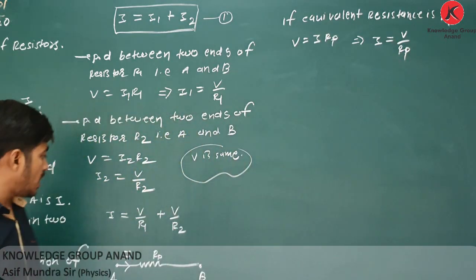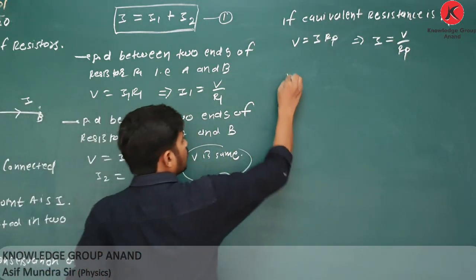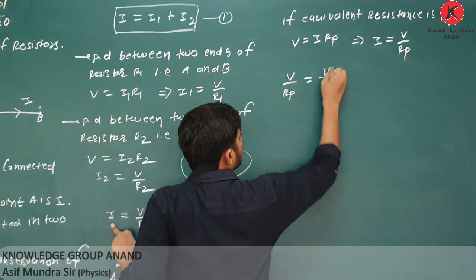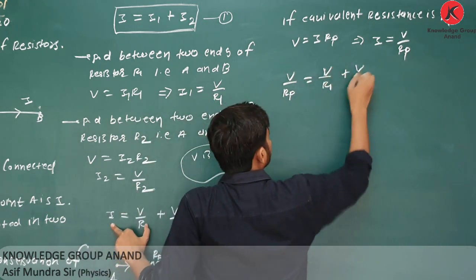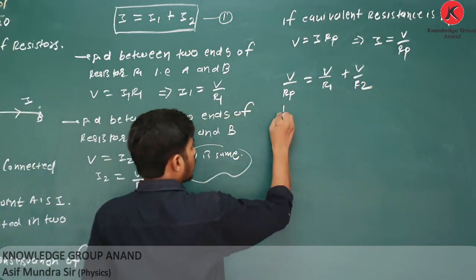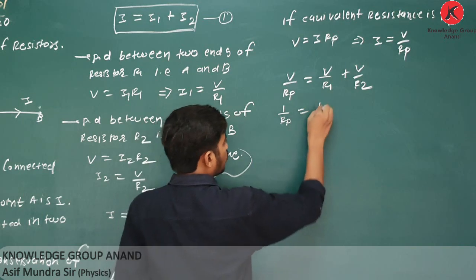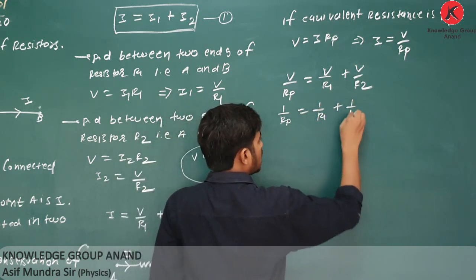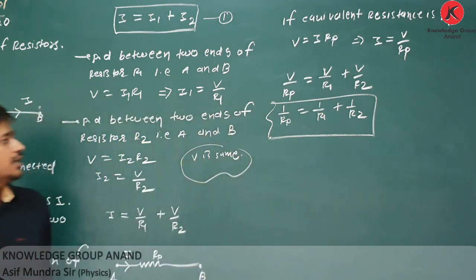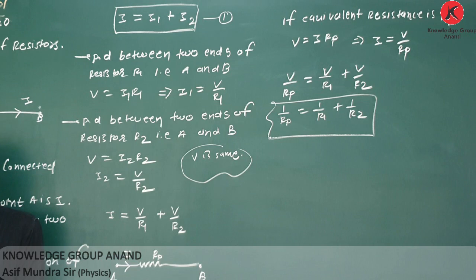Put this equation of I here. So you will get V upon RP is equal to V upon R1 plus V upon R2. V cancels. So 1 upon RP is equal to 1 upon R1 plus 1 upon R2. So this is the equation of resistance in parallel connection.